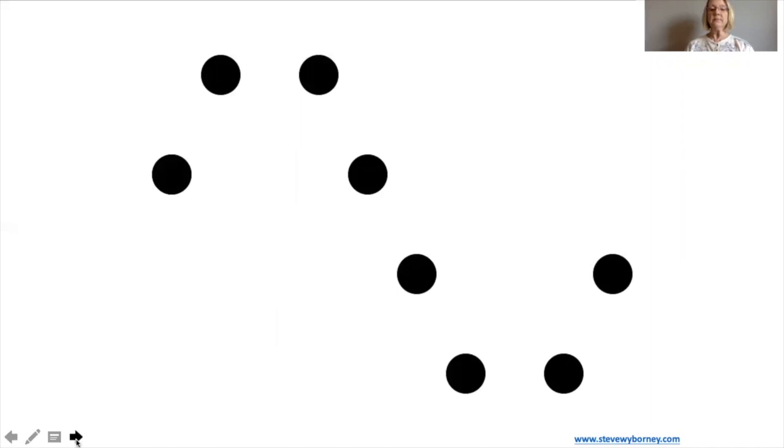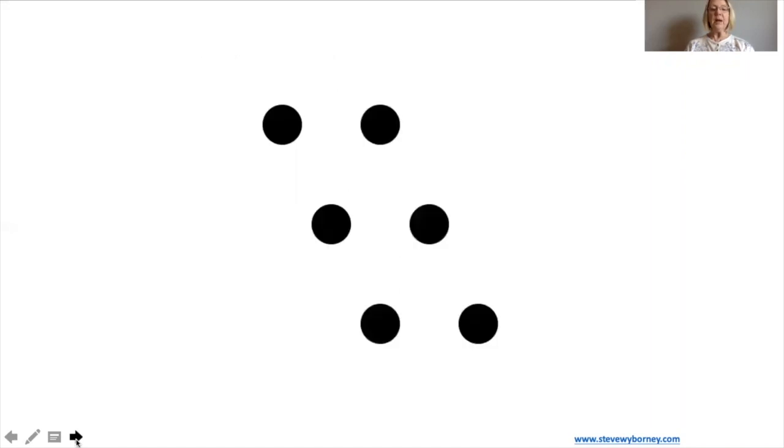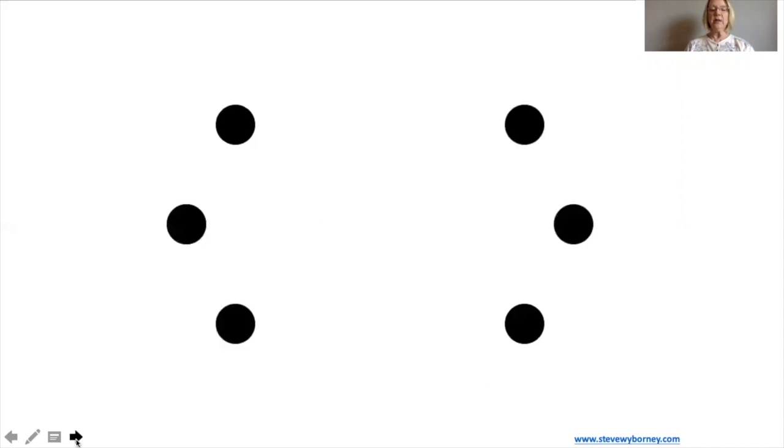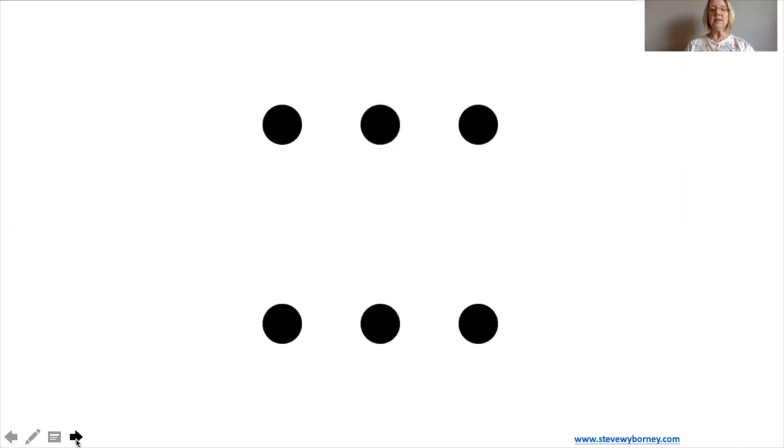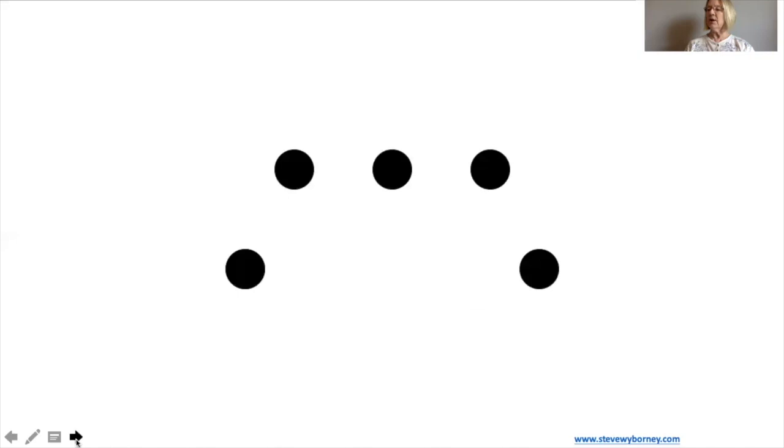How many do you see? 8. How many dots do you see? 6. How many dots do you see? 4. Good. How many dots do you see now? 6.